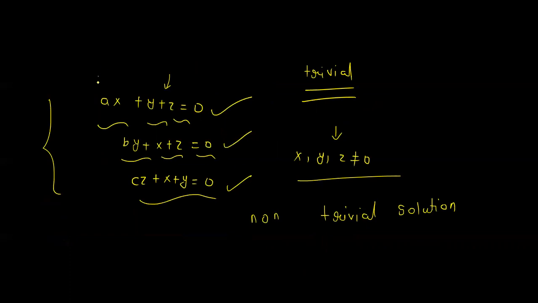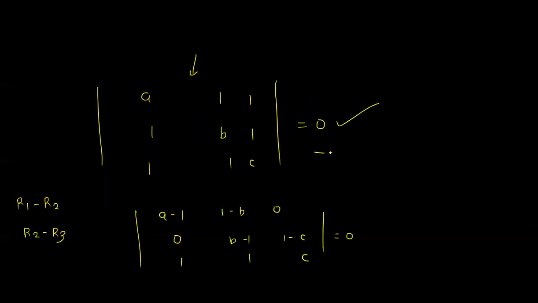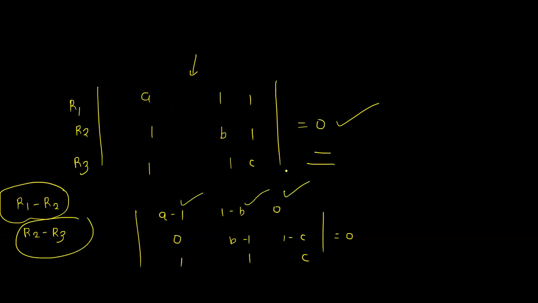This is row 1, this is row 2, and this is row 3. So if we take r1 minus r2 and r2 minus r3, then it will become a minus 1, 1 minus b, and 0 from these two, and from these two it will become 0, b minus 1, and 1 minus c, and this determinant will have to be 0.